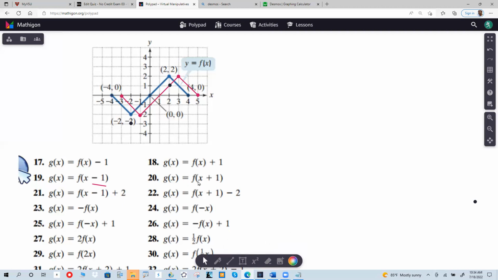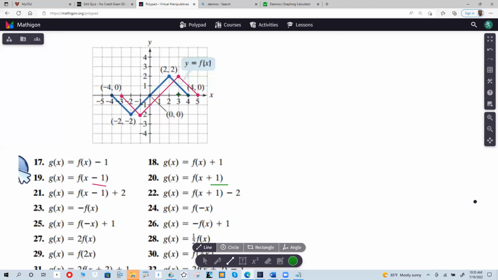What about plus 1? Let's use a different color. Plus 1 will be number 20. Plus 1 will be 1 unit to the left. And this blue one, I don't need the red curve anymore. I know I have a couple of black dots from the previous one. I don't think that's that important, but we got rid of it. So 1 unit to the left, look, they start here.